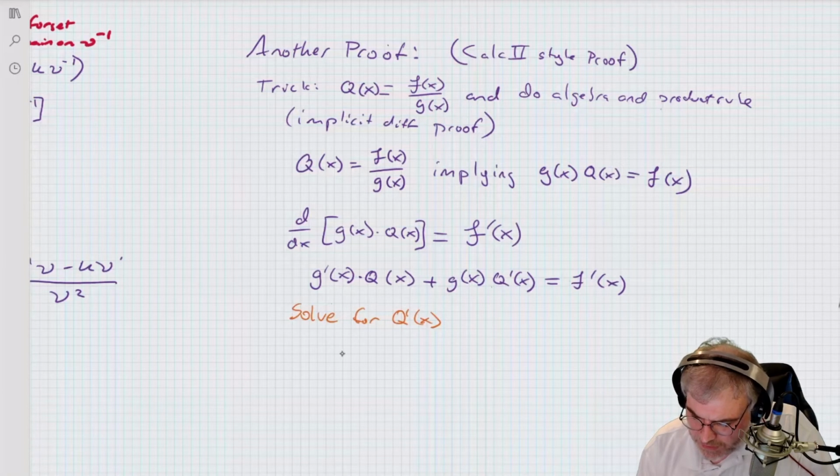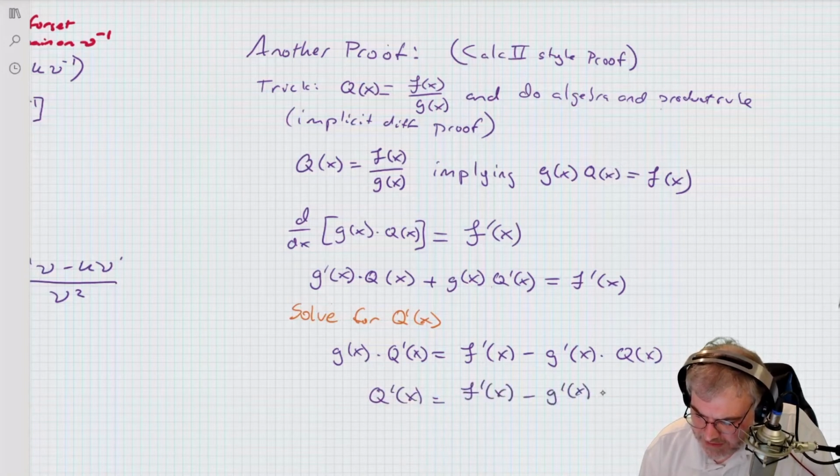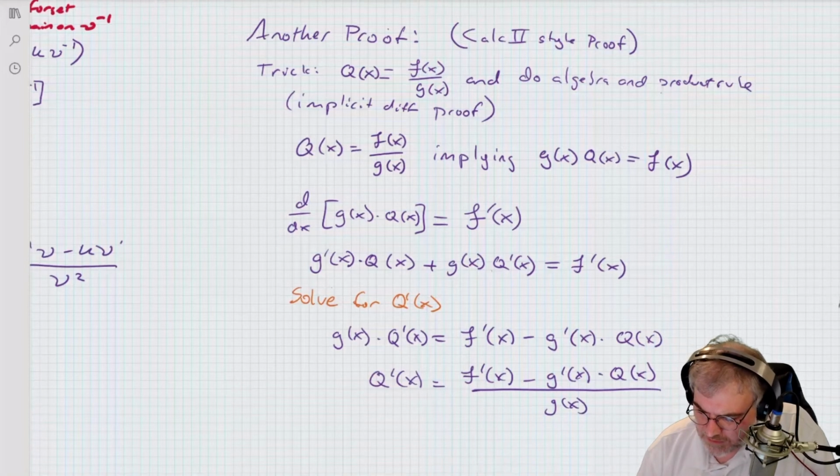So I get G of X times Q prime of X equals F prime of X minus G prime of X times Q of X. And then I'm going to divide both sides by G, and I get Q prime of X equals F prime of X minus G prime of X times Q of X, all over G of X.